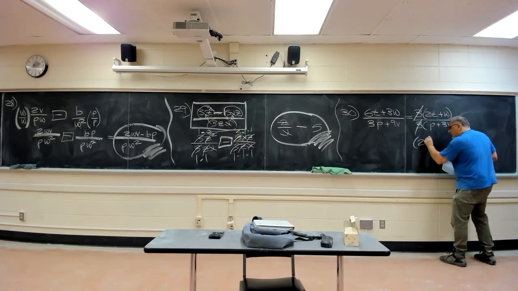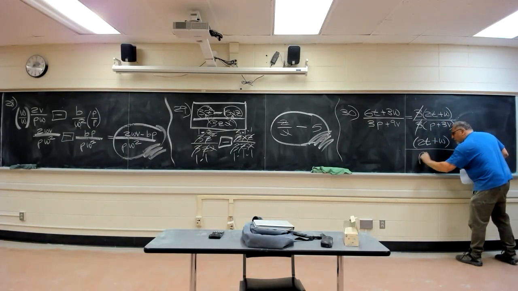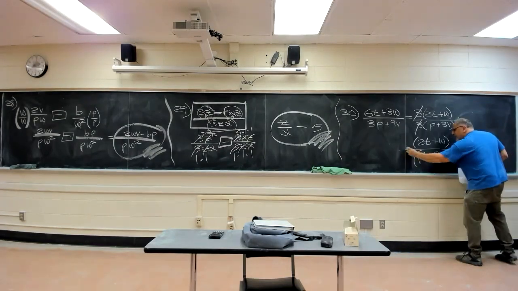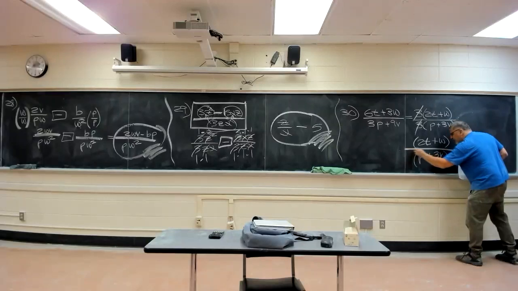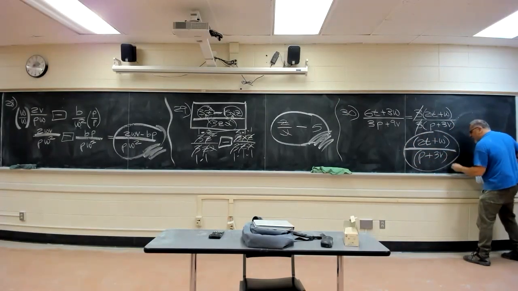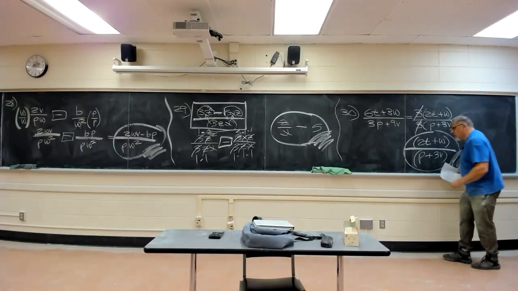It is 2t plus w over p plus 3v. You don't have the parentheses there. You don't have to have the parentheses there. I typically do almost always, but that's not really necessary. It's fine if they're there, and this is the answer in the end that you're getting.